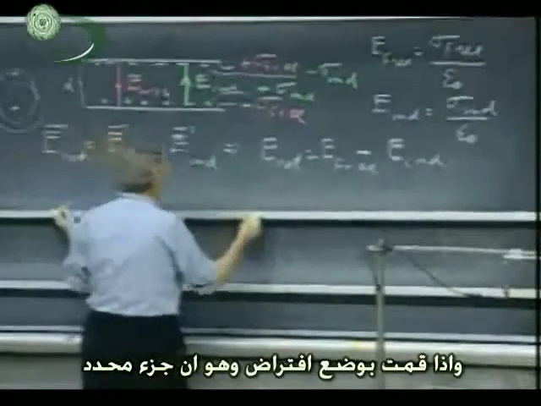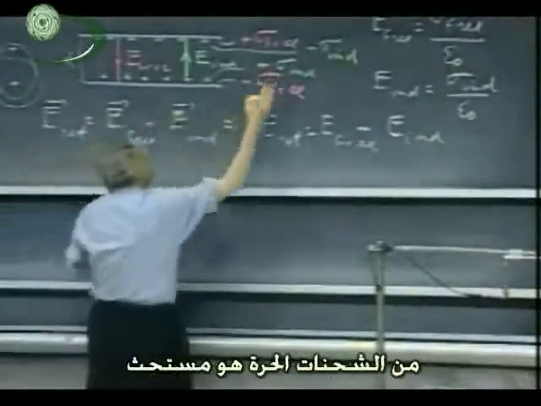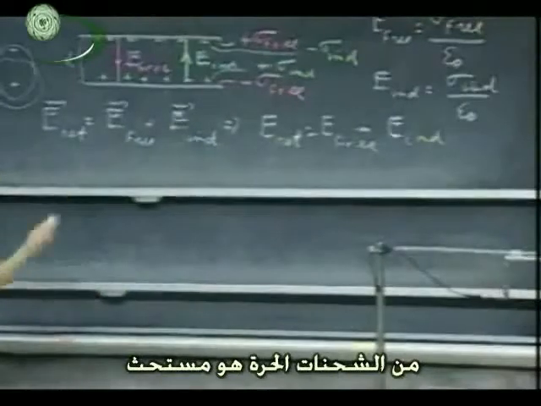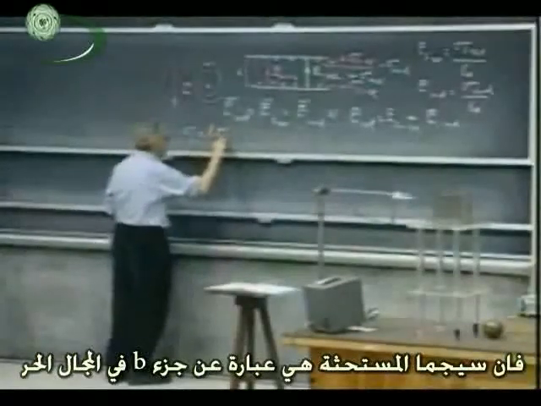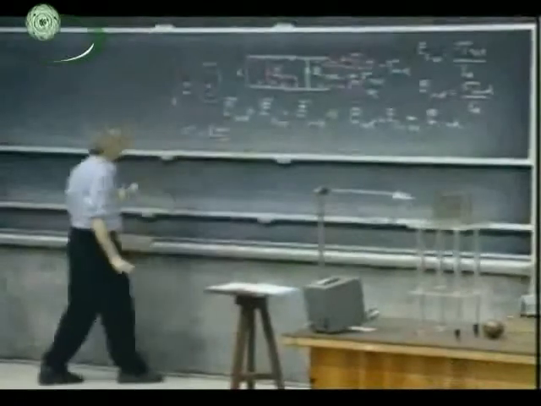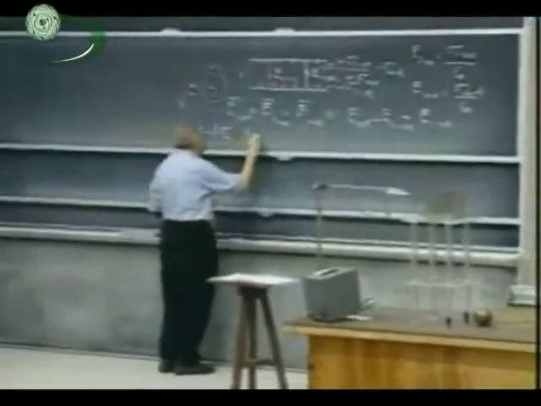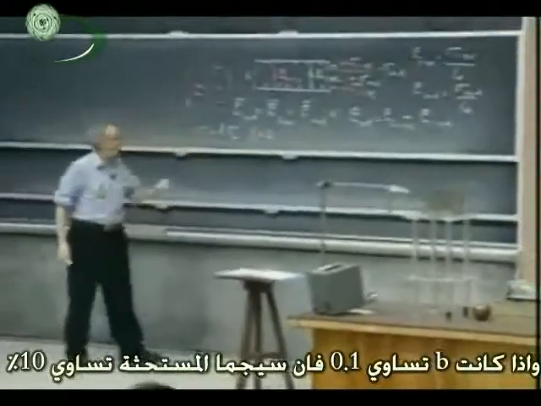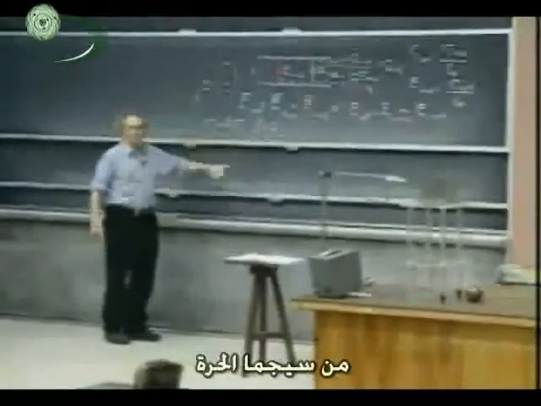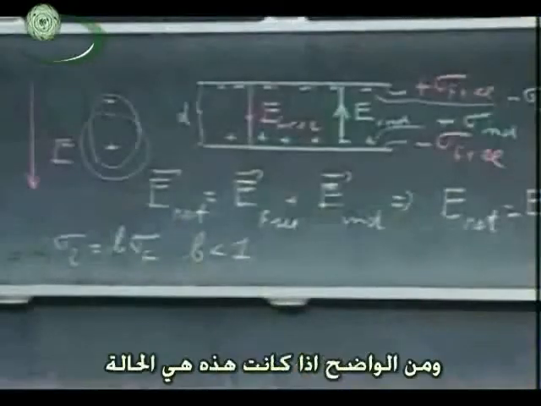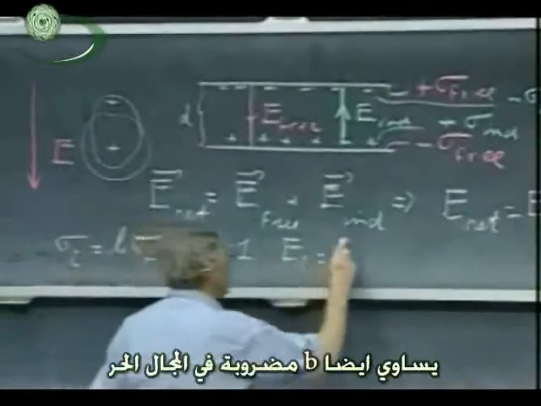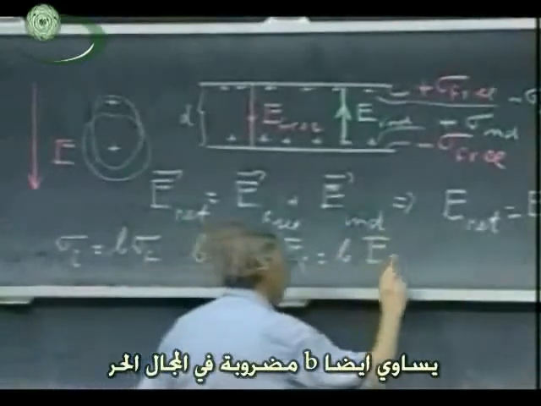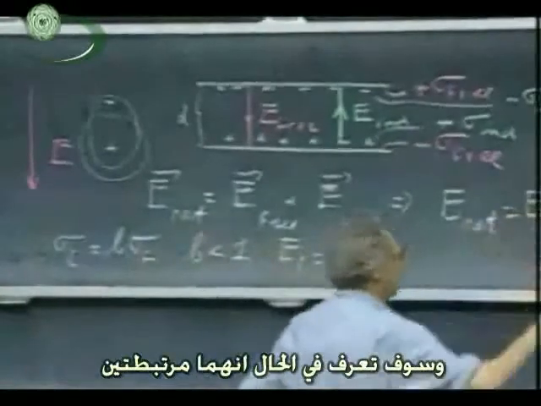And so if I now make the assumption that a certain fraction of the free charge is induced, so I make the assumption that sigma induced is some fraction B times sigma free, I just write now an I for induced and an F for free. B is smaller than 1. If B were 0.1, it means that sigma induced would be 10% of sigma free. That's the meaning of B. So clearly, if this is the case, then also E of I must also be B times E of F. You can tell immediately they're connected.